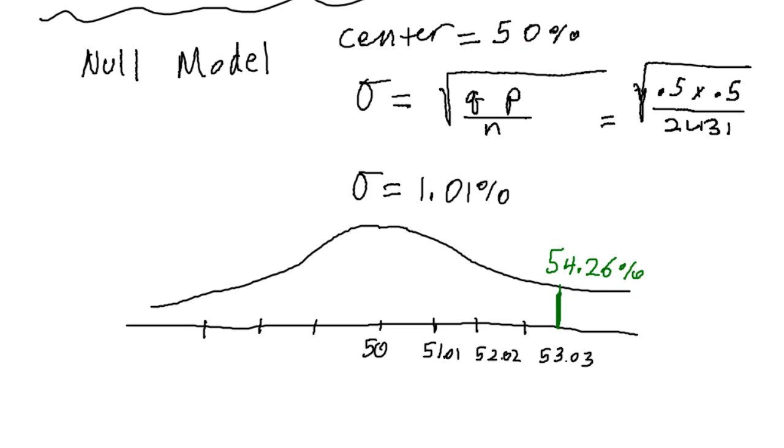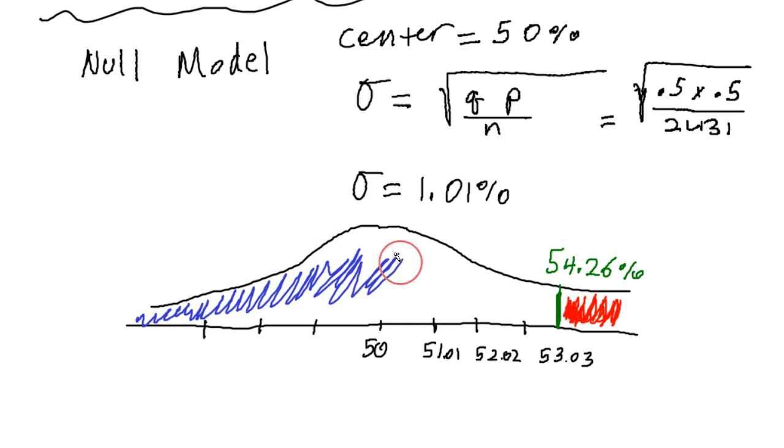So basically the idea is I need to see what's the probability that this is occurring. What's this red color here? But knowing how my calculator works, that really means I need to find this blue color that's all the way over here. So we'll figure this out using the calculator.